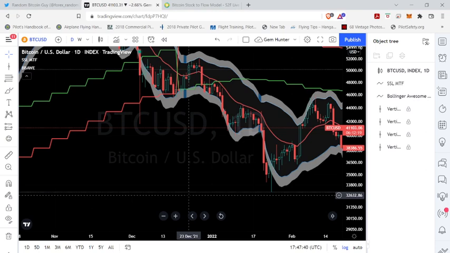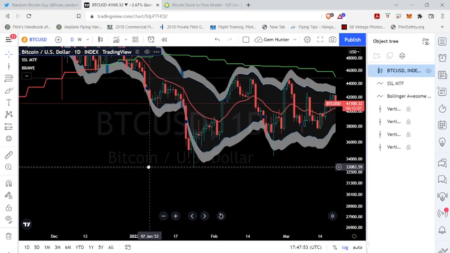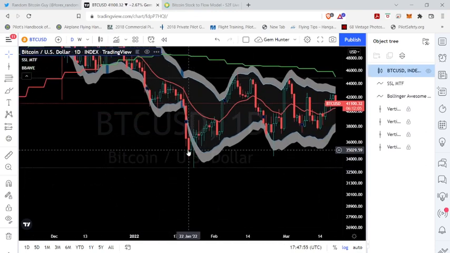And the more repetitions you have of something, and the more that something works over time, that's going to up your odds and up your probability that you're going to be able to find these bottoms. And like I said, this was a really good opportunity right here at 35,000. So that's where you want to be at 175% of your DCA.